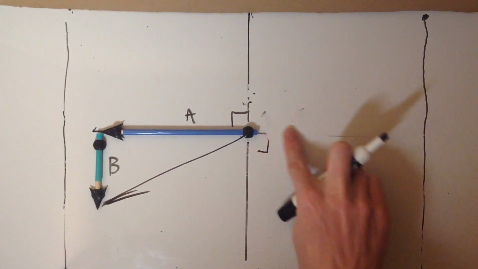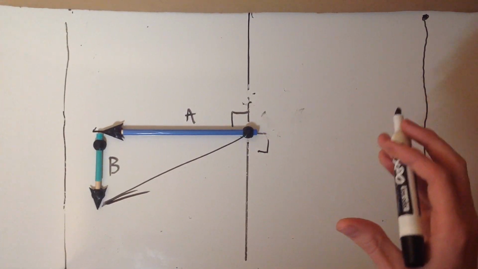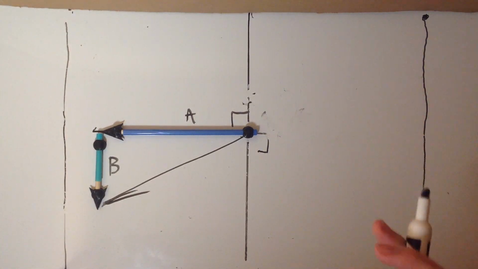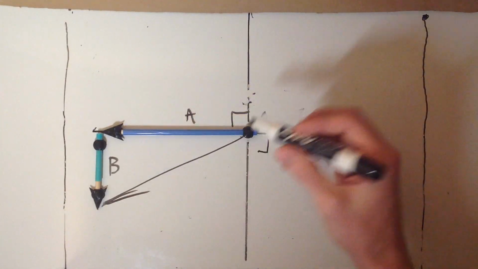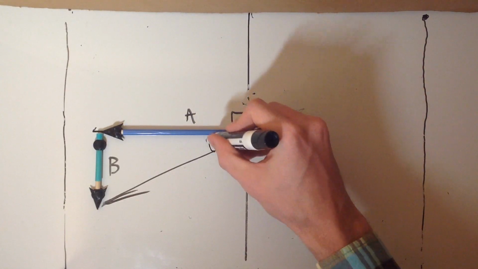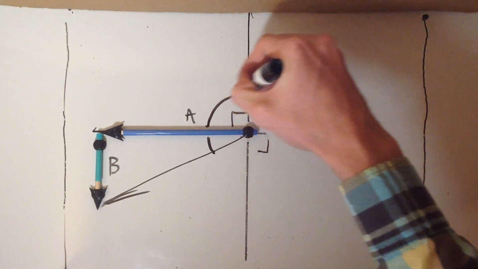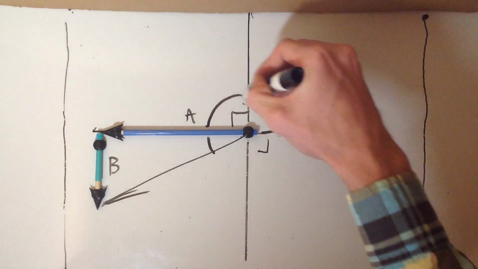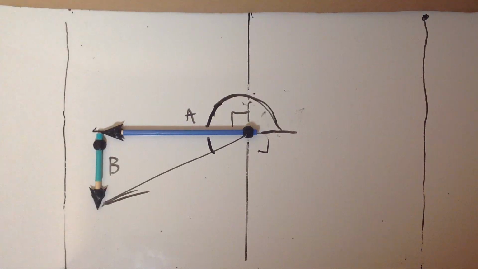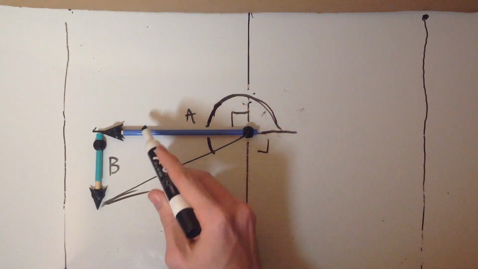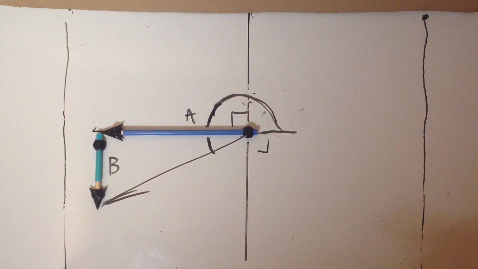But mathematically, just to review, in this case we can skip the sine and cosine part, but I'll come back to that later. So we have A and B, and our goal is to find this angle right here that goes all the way from the first quadrant, because that's how we do our reference angles. Magnitude A is in the x direction, and B is in the y direction.